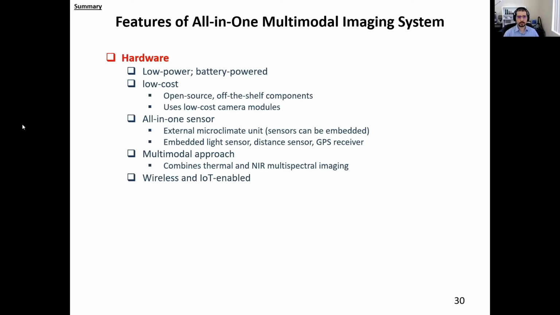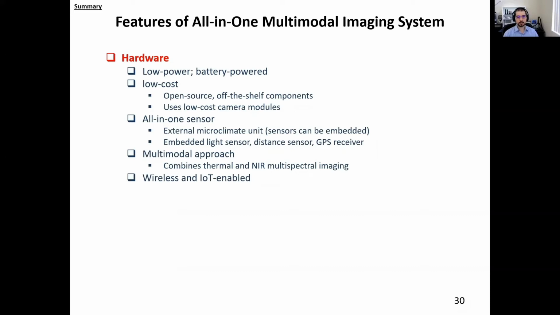We can also embed a lot of those microclimate weather sensors into the system, and we don't necessarily have to use an external microclimate unit. There were other sensors embedded into the system, like a light sensor, a distance sensor, and a GPS receiver.